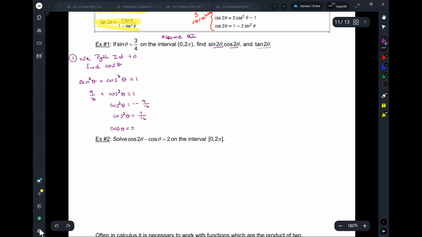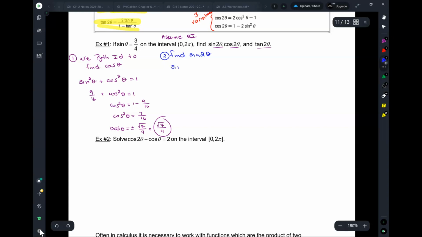Cosine of theta is plus or minus root 7 over 4. But I just told you we were going to work in the first quadrant, so we're going to take positive root 7 over 4, okay? Now that I have cosine and I have sine, I have all the ingredients I need to find the rest. So, first off, I want to find sine of 2 theta.